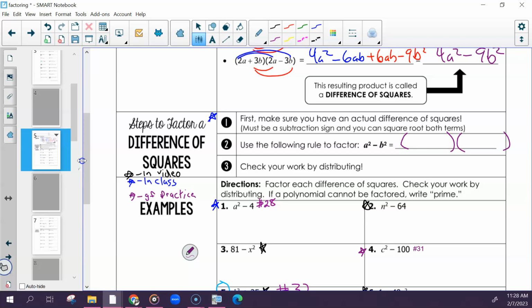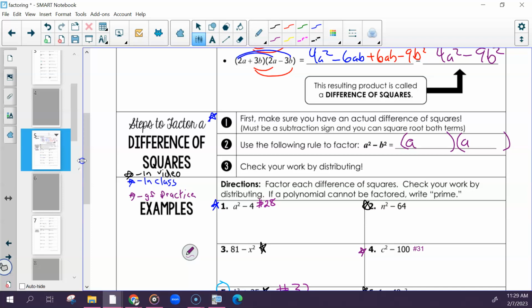And you have to think about what times what will give you the first term, what times what will give you the second term. So in this case, what times what will give you a squared? A times a. So you would put that first in both sets of parentheses. What times what will give you b squared? Ignore the negative for a second.